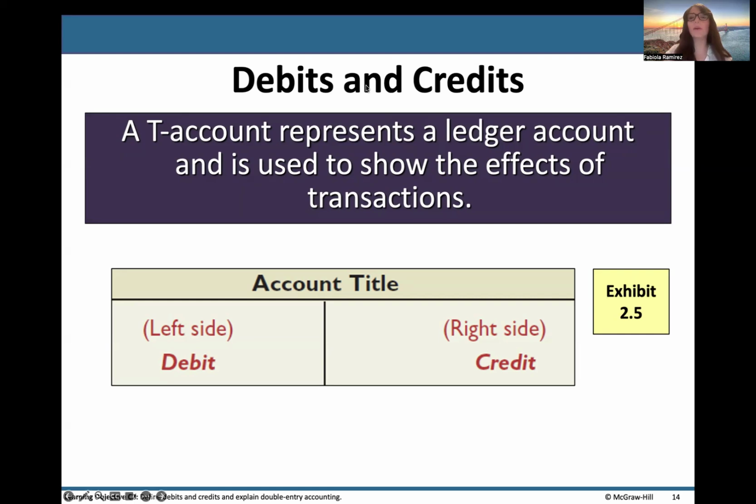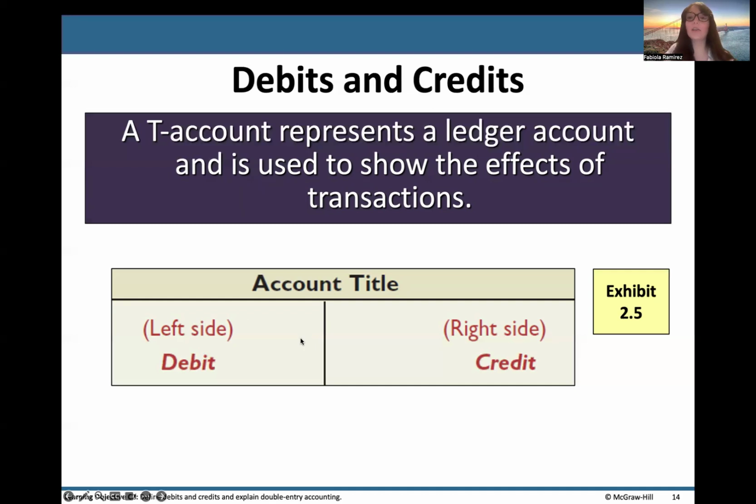A T account represents a ledger account and is used to show the effects of transactions. So, for example, let's say we're going to have a cash T account. We record transactions either on the left side if they are a debit or on the right side if they are a credit. Every time we have a transaction that involves cash, we will list it out here in our T account.